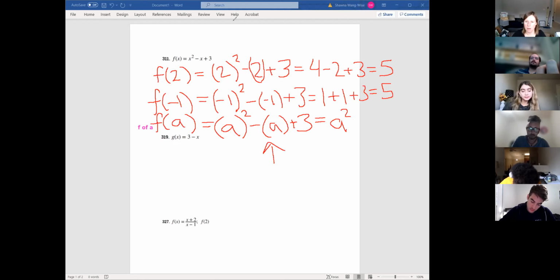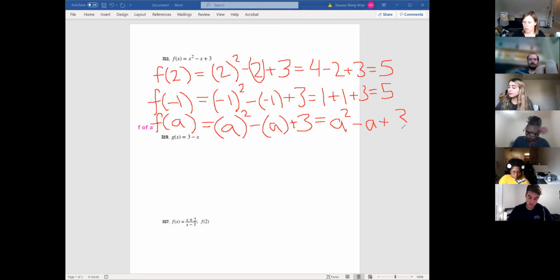Where'd that one go? Yeah, that's the part I got confused on. That's just a negative subtracting an a, right? So that's just minus a plus 3. Just negative times parentheses of a, which is still just minus a.